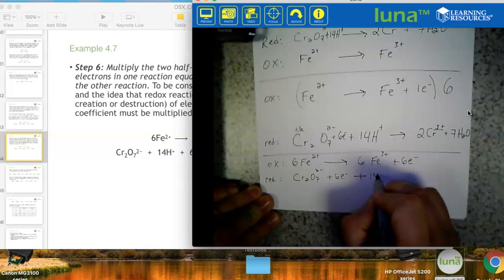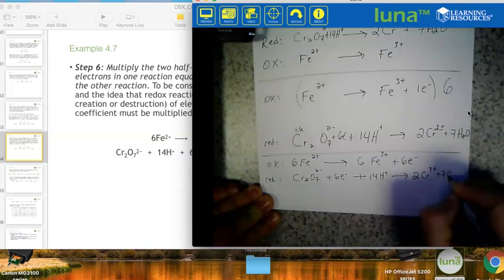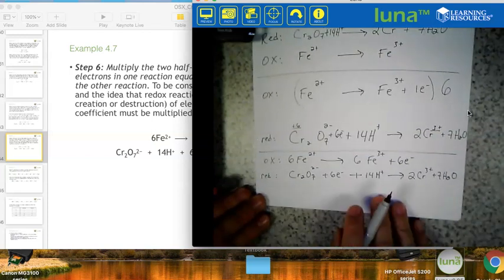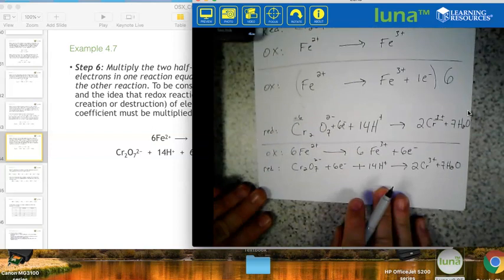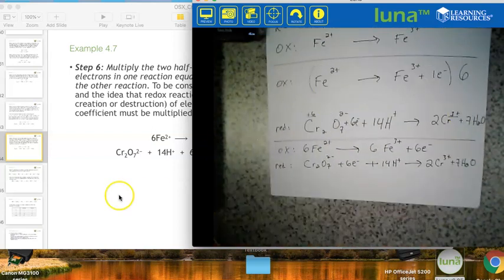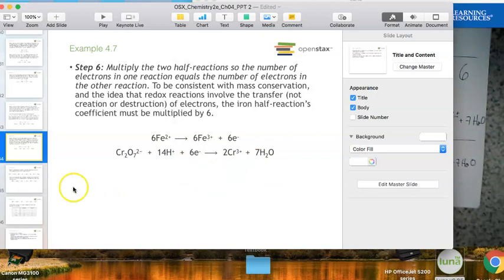This reaction is getting longer and longer. So there we go, this is what it looks like when it's nicely typed up. We've multiplied the half reaction so that the electrons are able to cancel out.